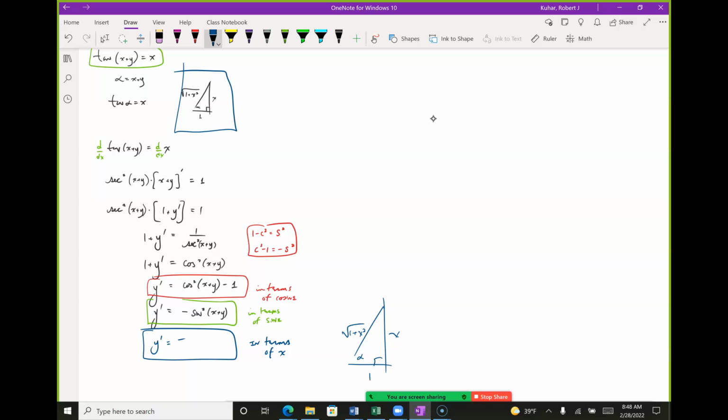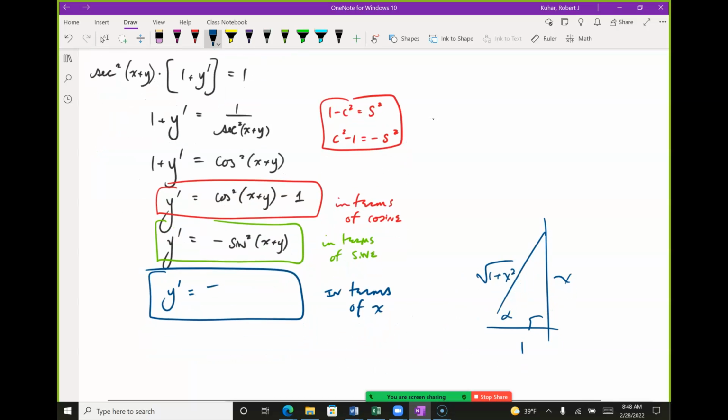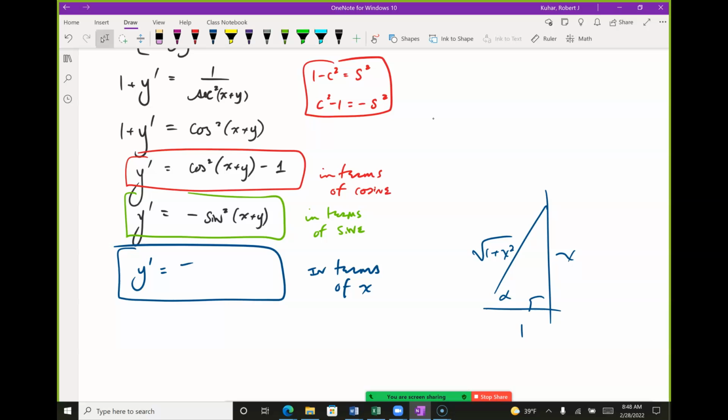So what's x again? You said square root of 1 plus x squared over x. Nice. Sine itself is x over square root of 1 plus x squared, but we're squaring that, right? It's sine squared from my triangle. I asked you to solve it in terms of x, so if I have a trig ratio, I know how to get my x's from my triangle.